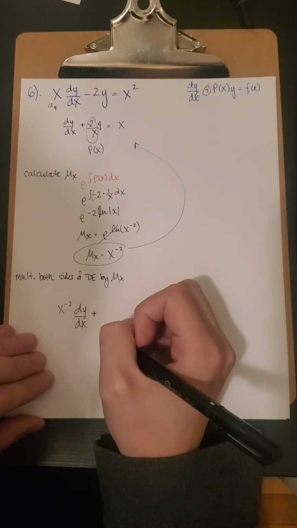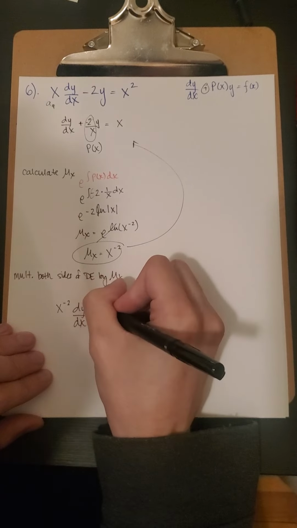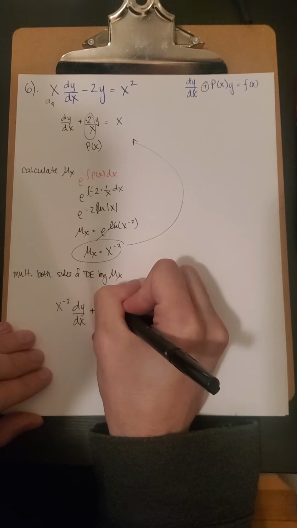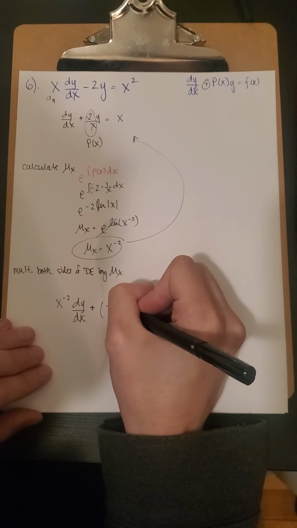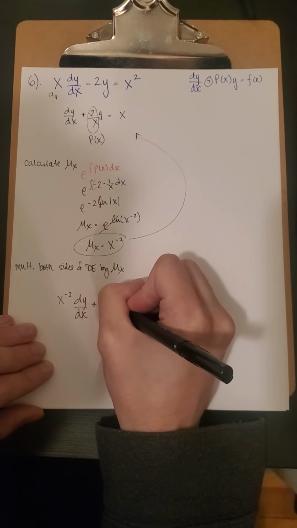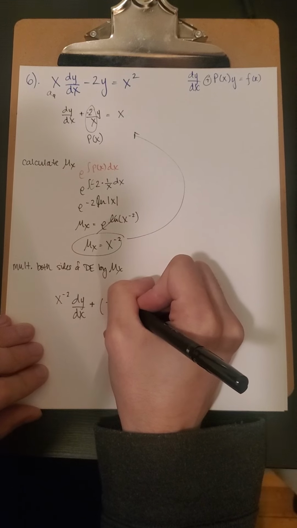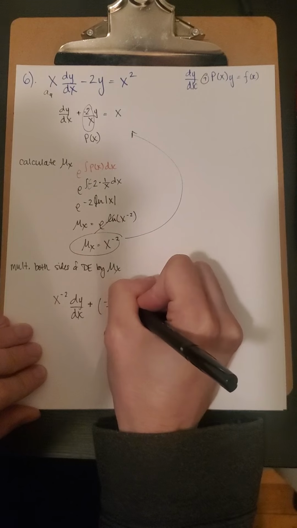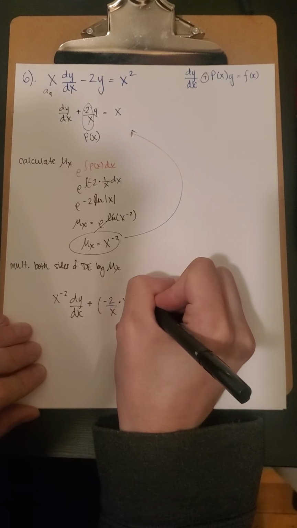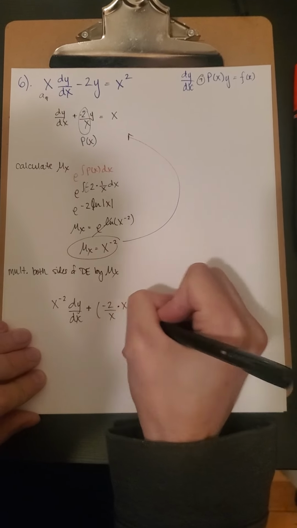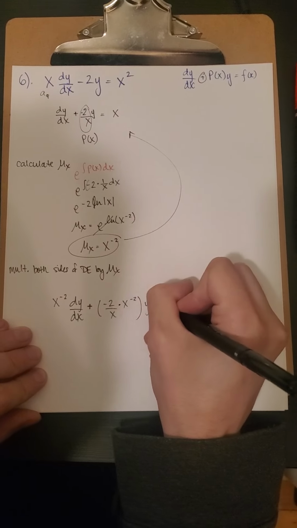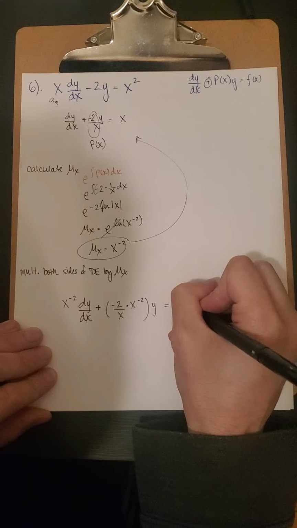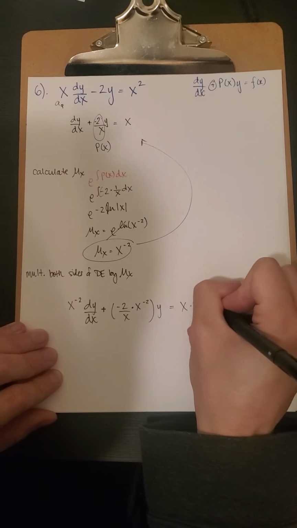All right, so then you go to plus negative 2 over x times x to the negative 2 power, right? And then we have our y equals x times x to the negative 2.